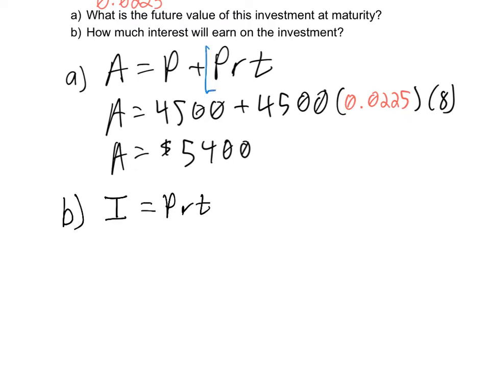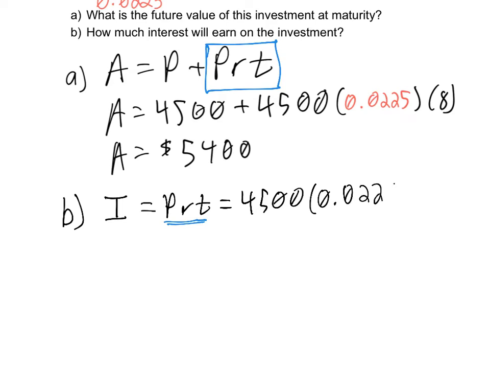Basically it's this portion of the simple interest calculation. I'm just going to do this in one line here. We have $4,500, the annual rate of simple interest of 2.25%, for 8 years. And this will give us a value of $900.